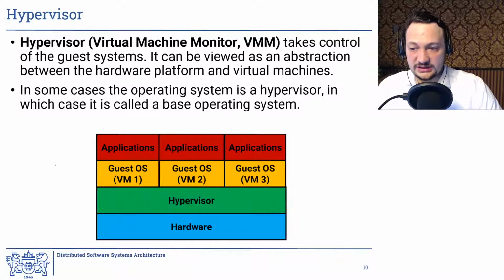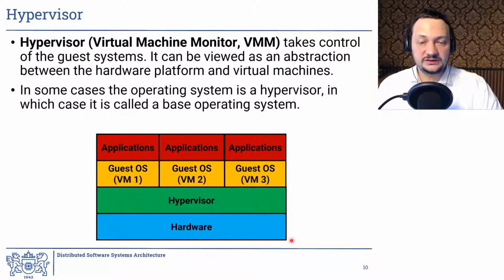Here we can see where the hypervisor is located in the concept of the virtual machine. At the base of the virtual machine is the hardware. It is bare metal: what hardware we have physically, RAM, CPU, hard drives, everything that we can physically put into or take from the server.